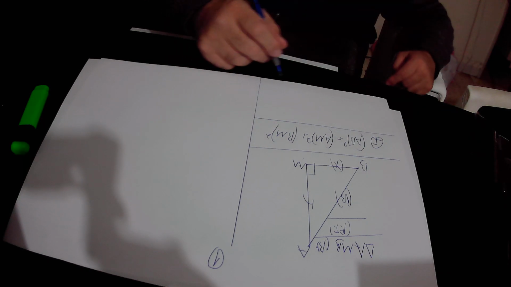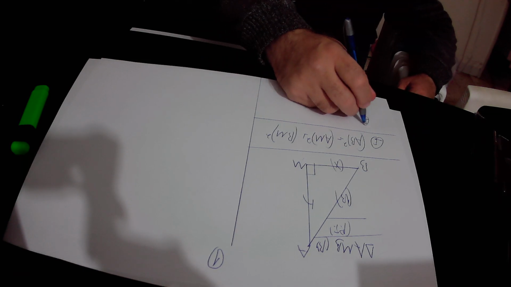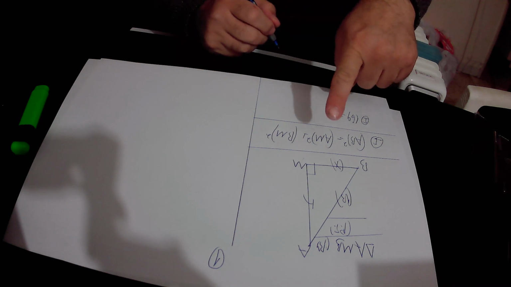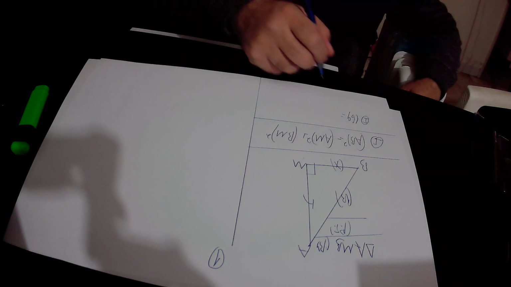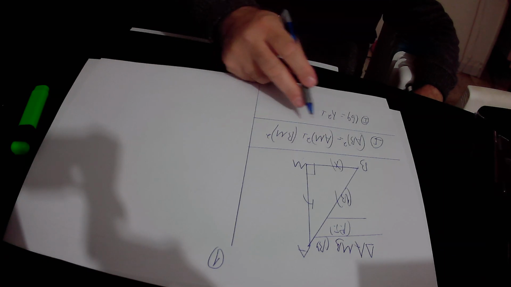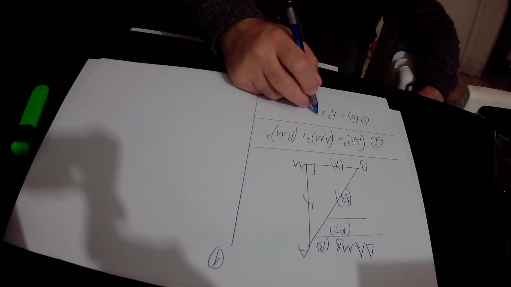AB is 13, therefore AB squared is 13 squared, that is 169, and it is equal to AM squared. AM is H, therefore AM squared is H squared, plus BM squared. BM is X, therefore BM squared is X squared.